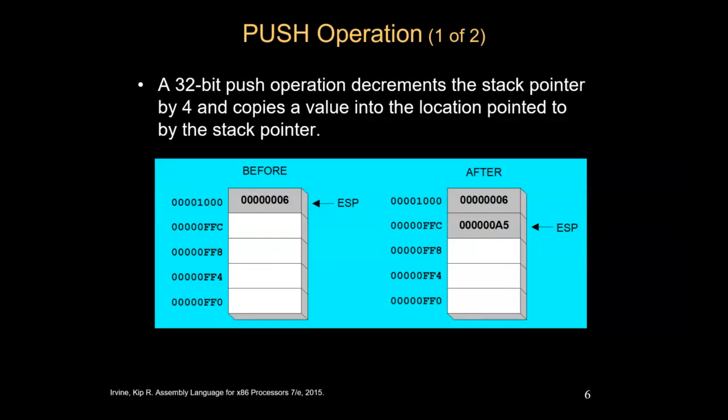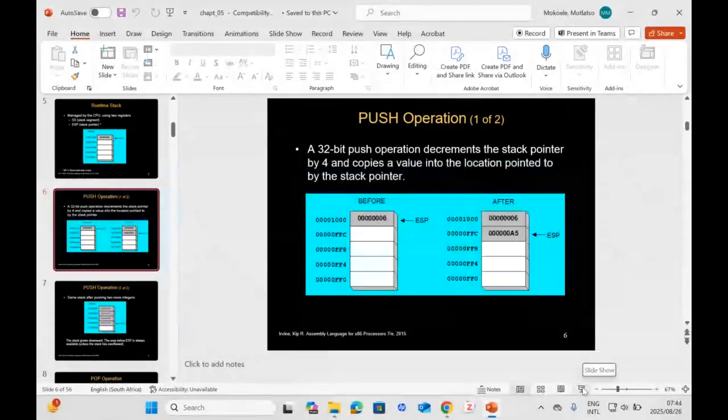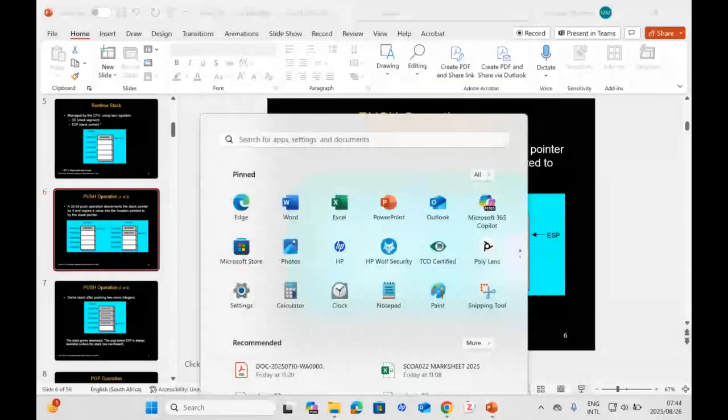So we added another A5, which actually was decremented to FFFC. You know where we got this decrement.